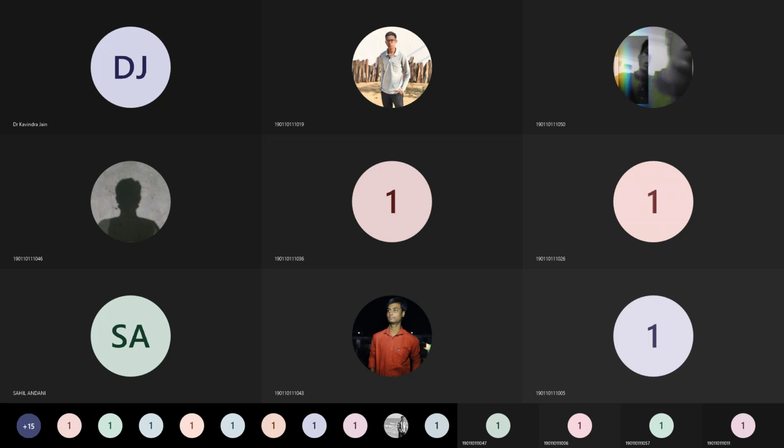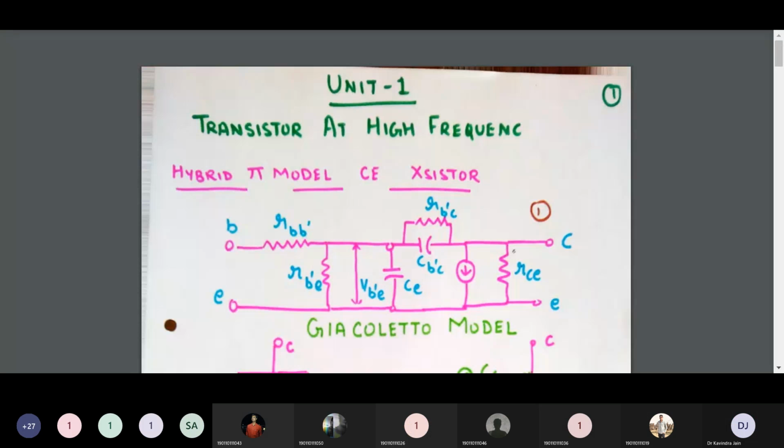I repeat, for transistor analysis, even H parameter is suitable only at low frequencies. At higher frequencies, these models do not work properly because of parametric variations.